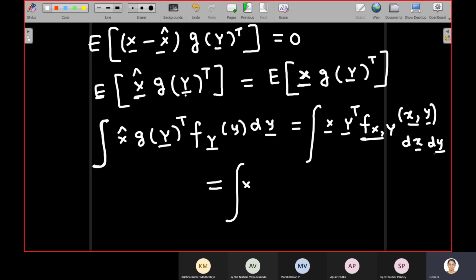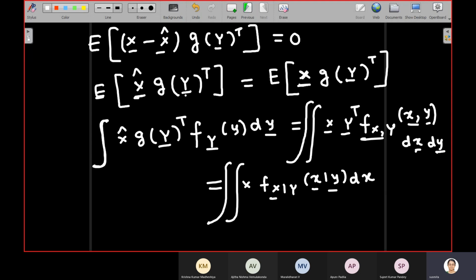Since we have two integration variables, we'll just put the double integration sign, and the conditional PDF of x given y, dx. This is for the inner integration, and for the outer integration we have f_y dy.